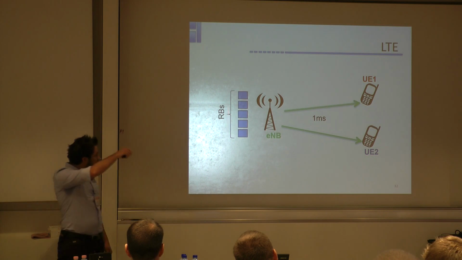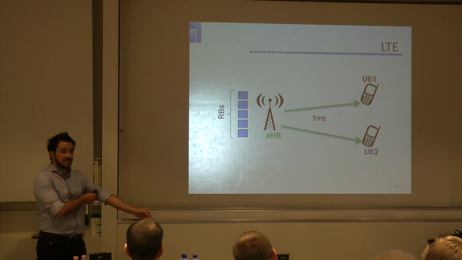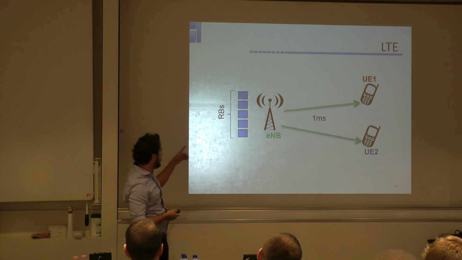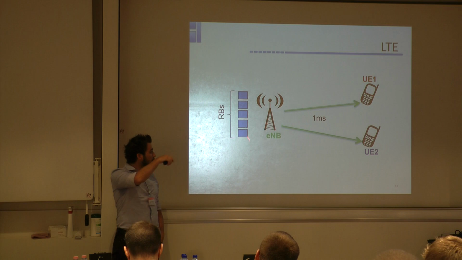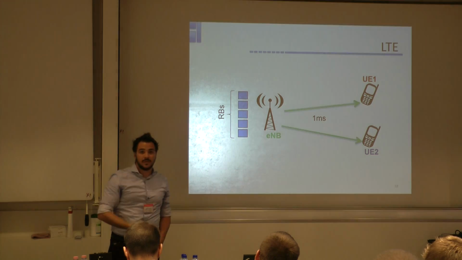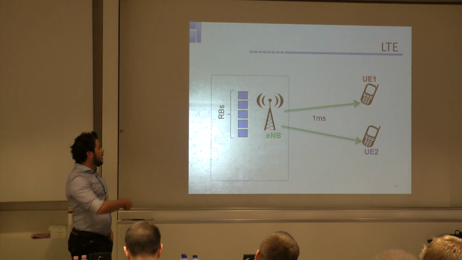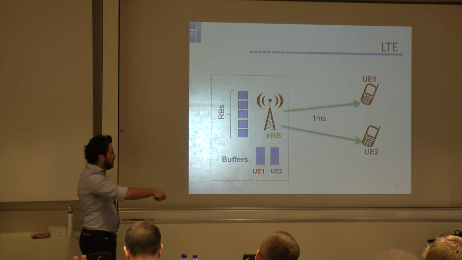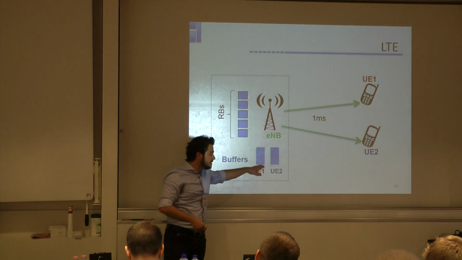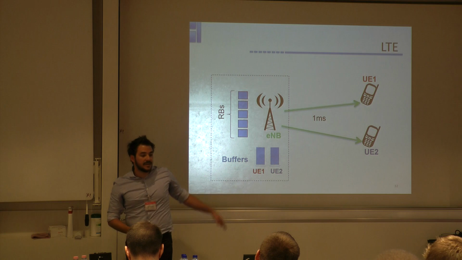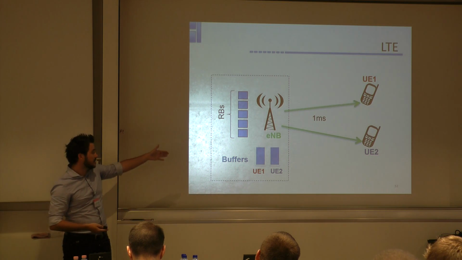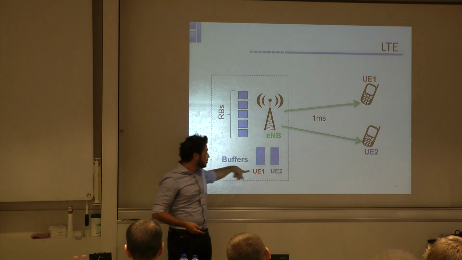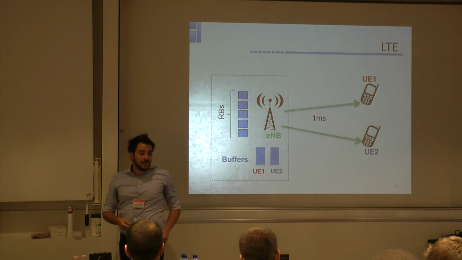It has a certain number of resources that are called RBs, resource blocks, that can be used by the eNodeB to serve the users. Of course, the eNodeB has a set of buffers that can be used to store data coming from other networks, for example, from the internet, to send them towards the user equipment.